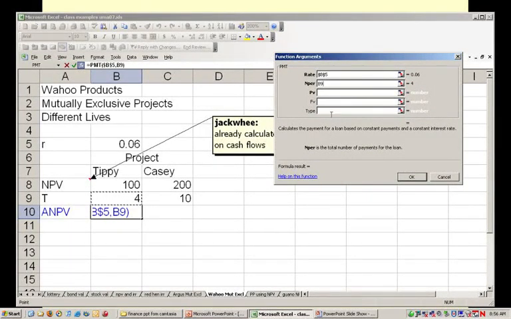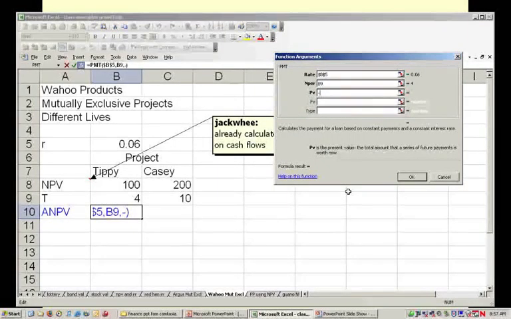The last argument we need in the PMT function is a present value, which is actually the net present value we've already calculated. Now I'm going to put a minus sign in here first. And I'll describe why I did that a little bit later, and then I'm going to highlight the cell that indicates the net present value of Tippy.